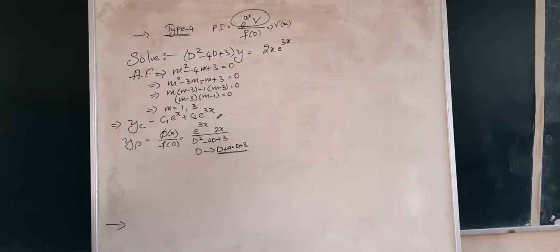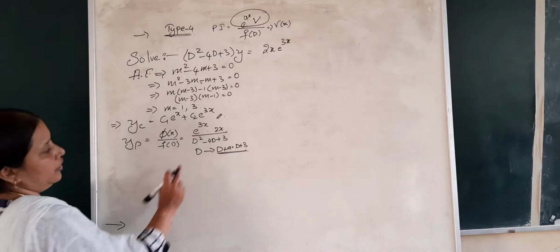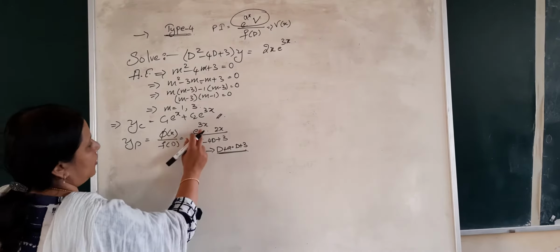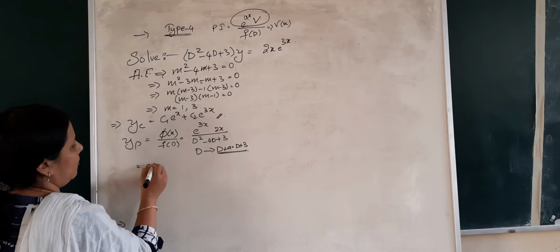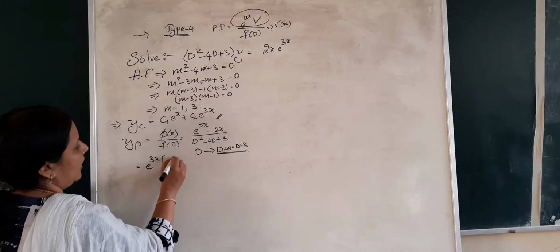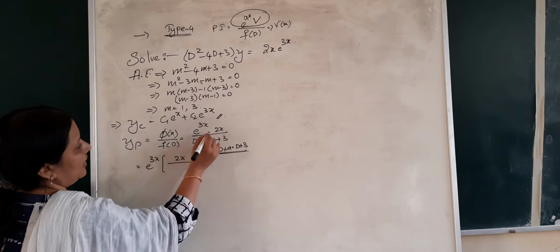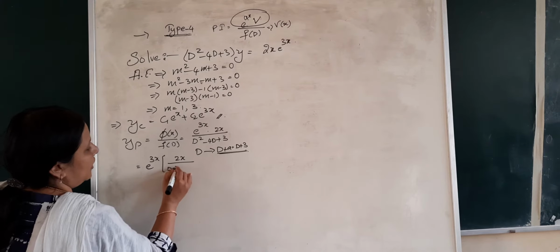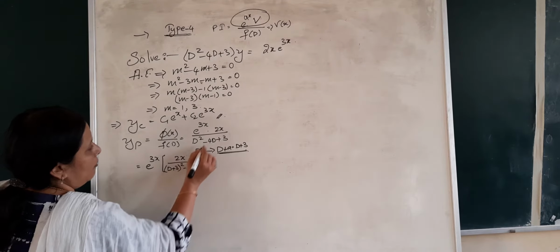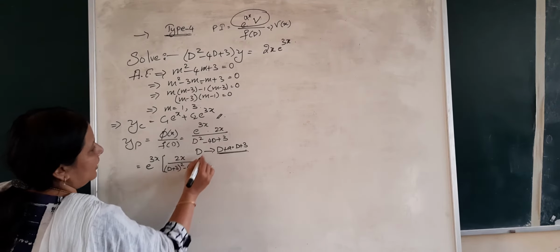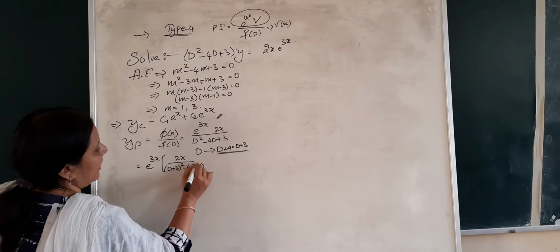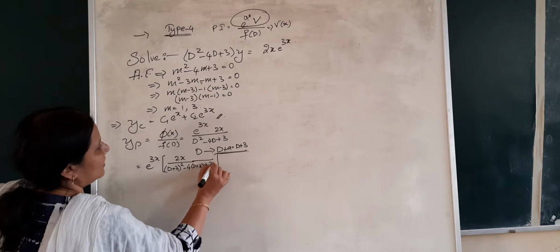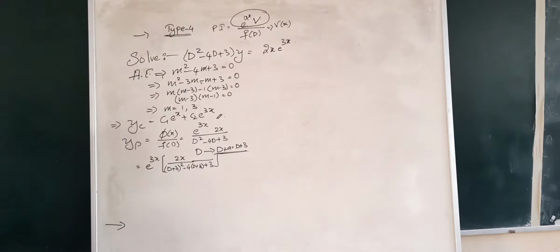So this is the main step that you should consider. So the denominator has to be changed. Now e power 3x will come out of this form and we will be left with 2x divided by (D plus 3) the whole square minus 4 times (D plus 3) plus 3. This is a constant, this is as it is.